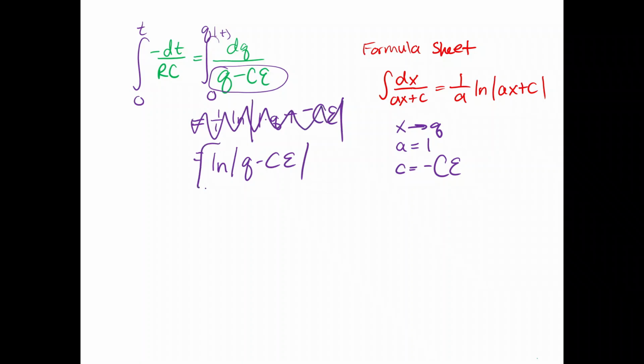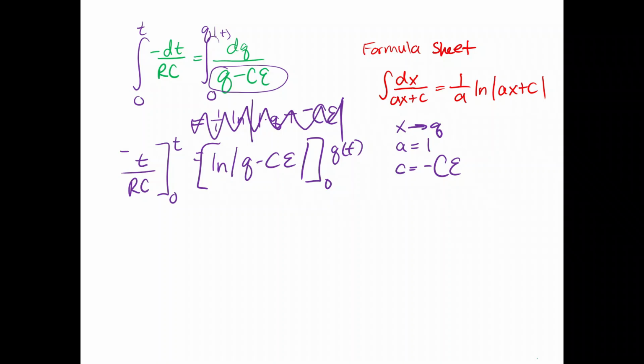And then we're going to evaluate that from 0 to q of t. Remember, this is a step you always show. On the left side, when we integrate dt, we're just going to get t for that. And then we're going to leave our constants, which is negative over RC. And that is going to be evaluated from 0 to t.